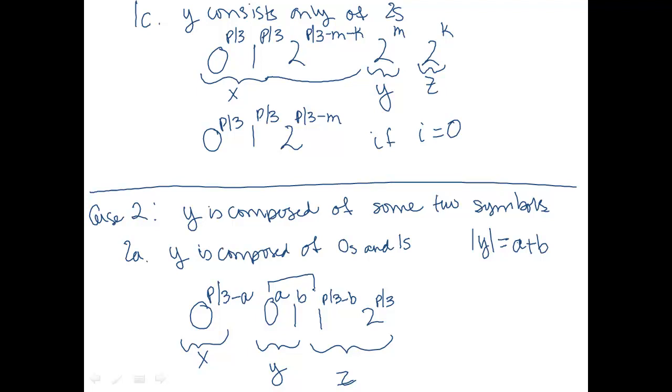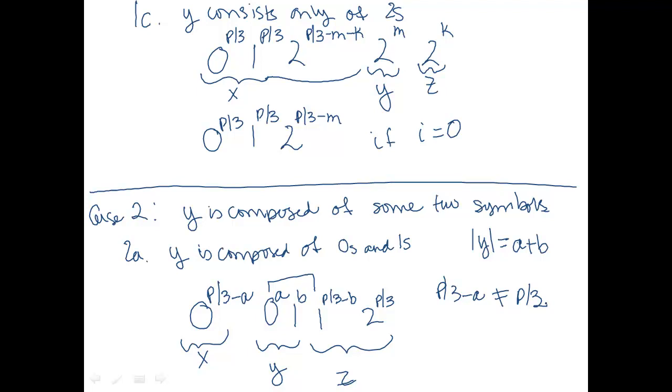Okay, when is it the case that p divided by 3 minus a is not equal to p divided by 3? If a is at least 1, right?